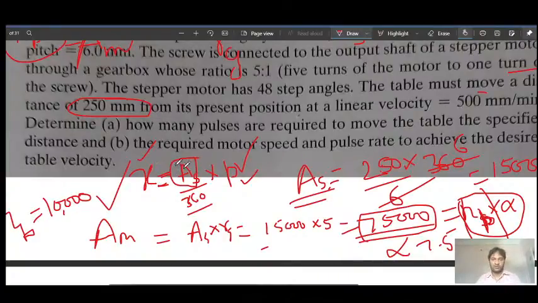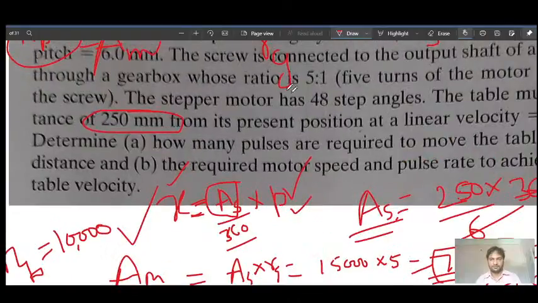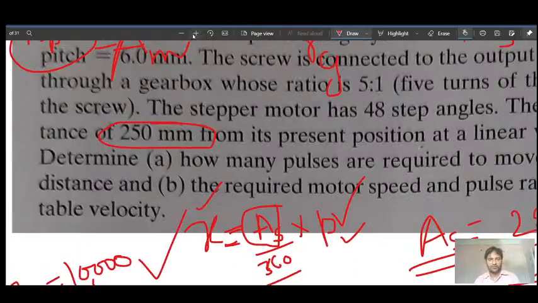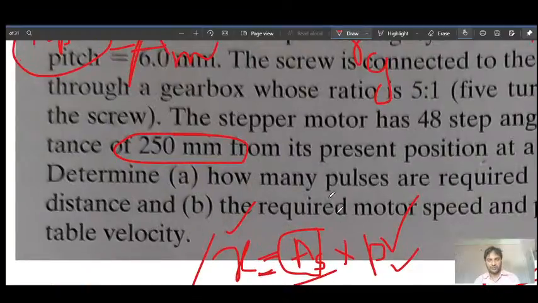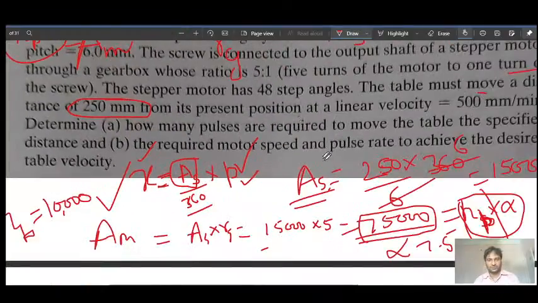Next is the required motor speed and pulse rate to achieve the desired position. Now we have to use that relation: Vt is equal to Ns into pitch value.